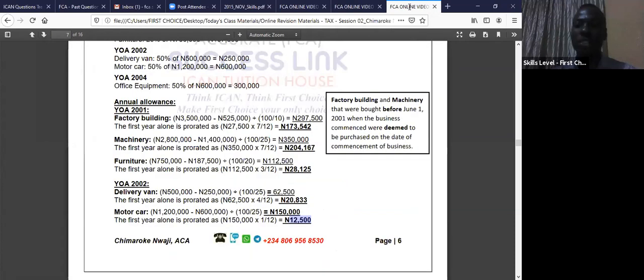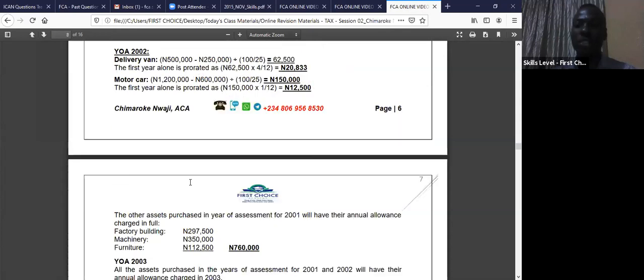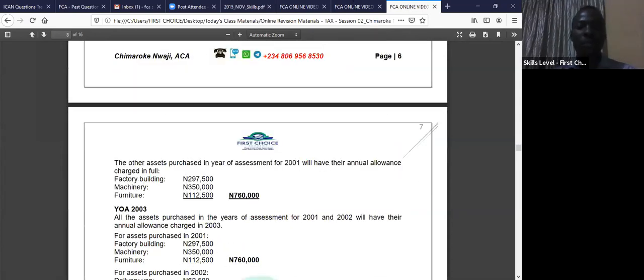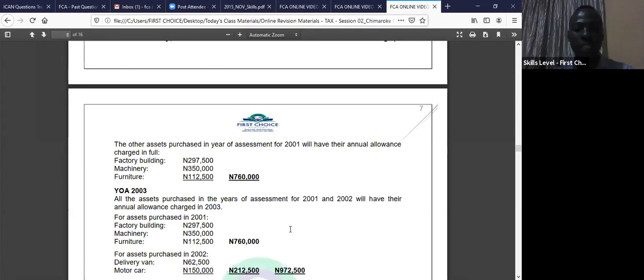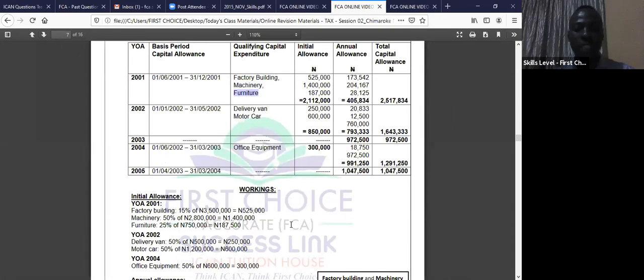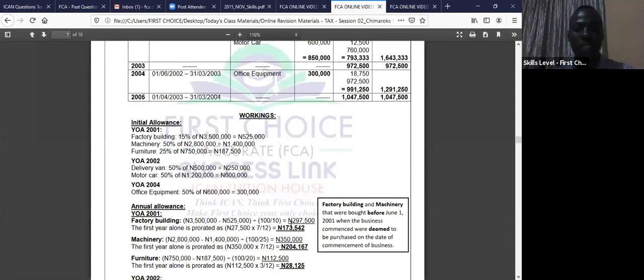If you remember the rebuilding charged it before, this was the annual allowance, 297,500. So we're bringing in full for the second year. For machinery, remember 350 here before we prorated.